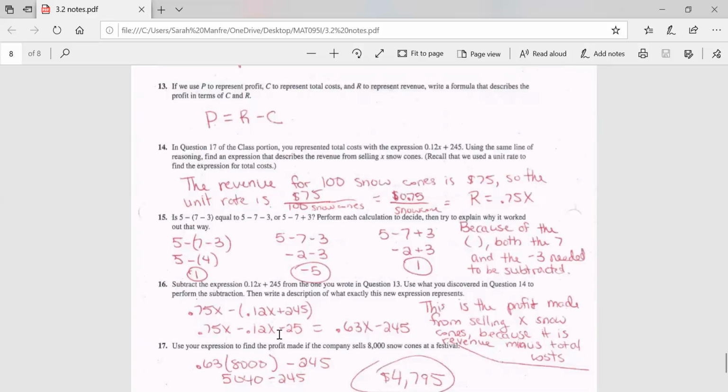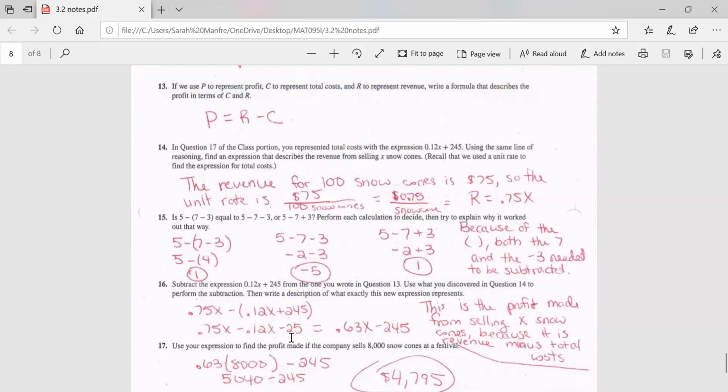So if I was to take, according to question 13, profit is equal to revenue minus costs. So profit is equal to revenue, 0.75x, minus my cost equation, which is this. Okay, now this is important because you have to take this minus and distribute it into this parenthesis. And I'm just noticing here that where this says -25, that should say -245, not 25.